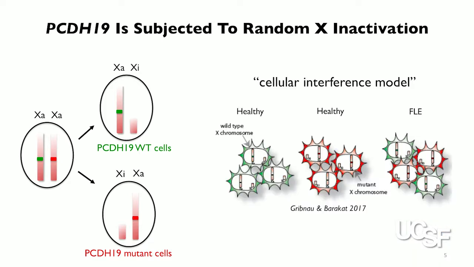The mechanism of PCDH19 FLE has been best explained by the so-called cellular interference model. This model applies not just to PCDH19, but to a few other X-linked genes like craniofrontonasal syndrome, which also has a similar pattern and mechanism as PCDH19 FLE.